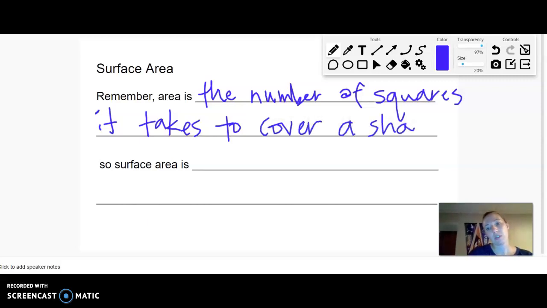So how many little squares does it take to cover a rectangle, a triangle, whatever shape we're talking about? How many square inches or square centimeters does it take to cover that shape?